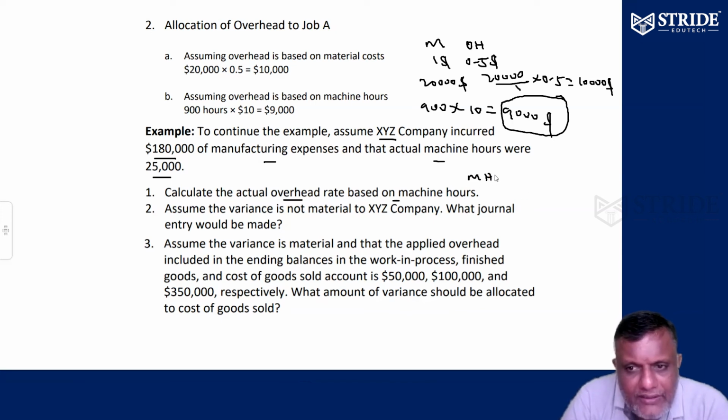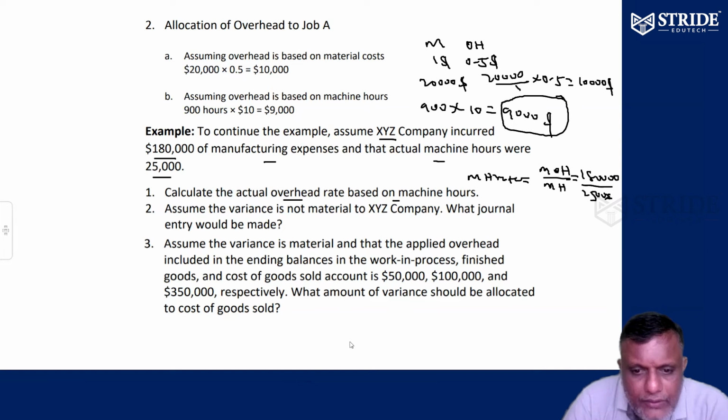The machine hour rate is your manufacturing overheads as numerator and machine hours as denominator. Your factory manufacturing overheads are $180,000 and your machine hours are 25,000 hours.